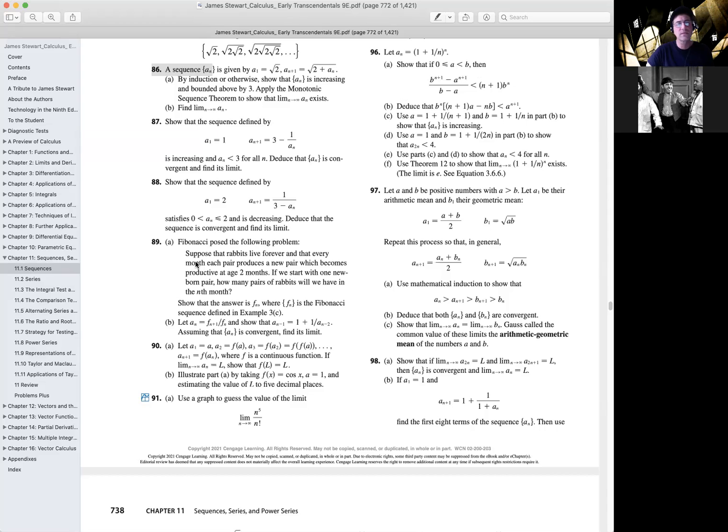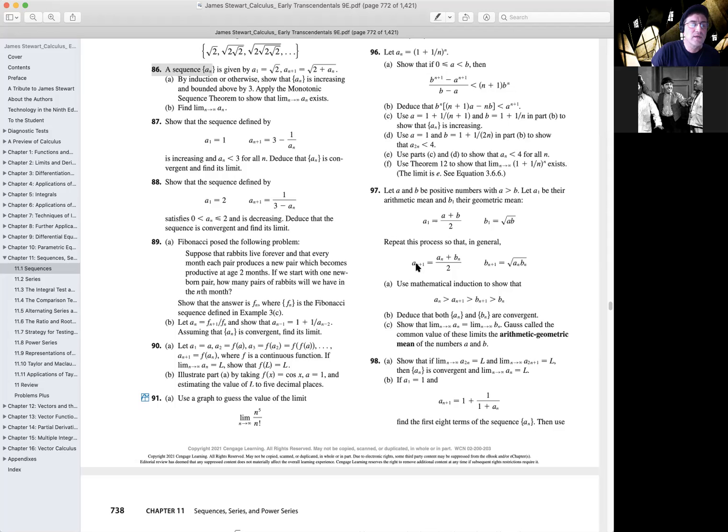Suppose that rabbits live forever and that every month each pair produces a new pair which becomes productive at age 2 months. So every pair of rabbits, if you wait 2 months, they will reproduce.